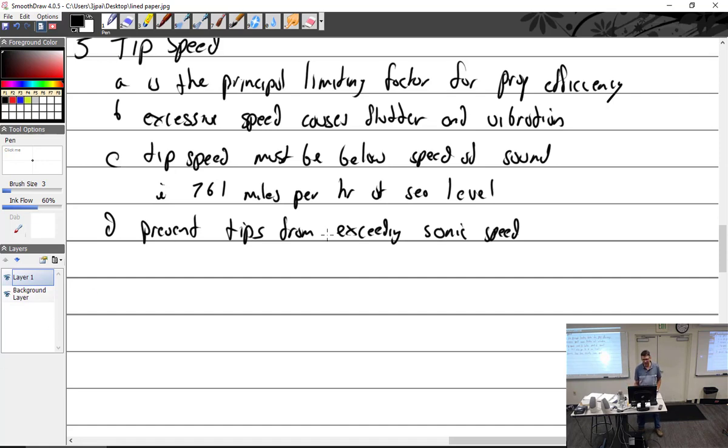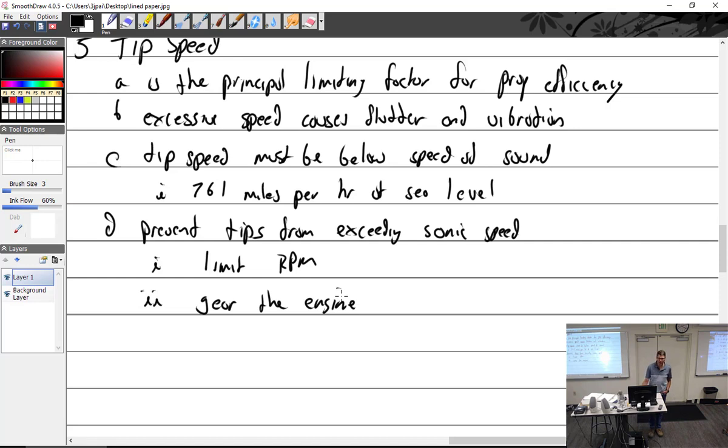All right. So to prevent tips from exceeding sonic speed, what do we do? Well, we have to limit RPM. Well, what if you want to turn the engine faster? Well, we can gear the engine. In other words, a prop reduction gear.